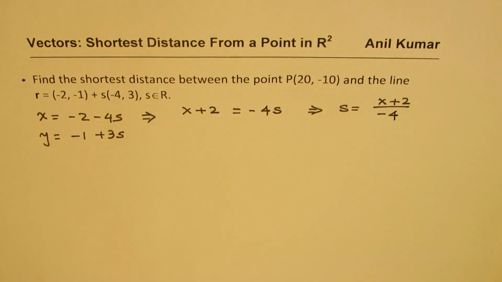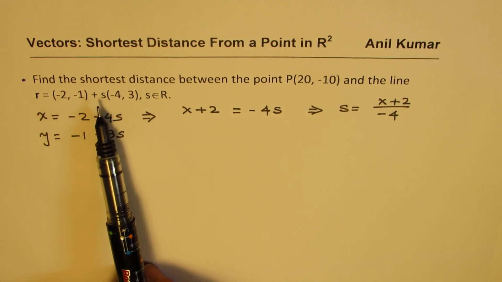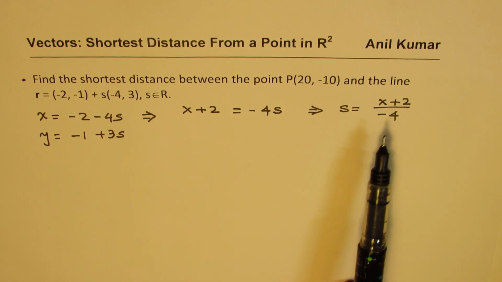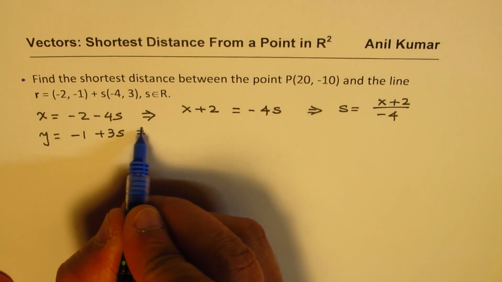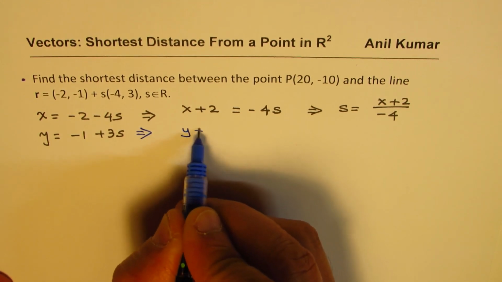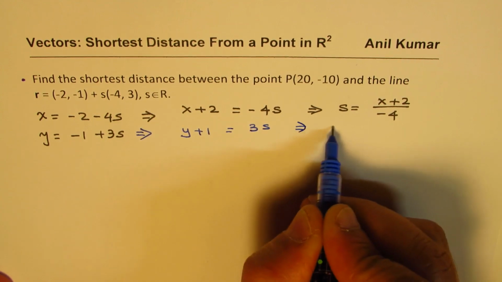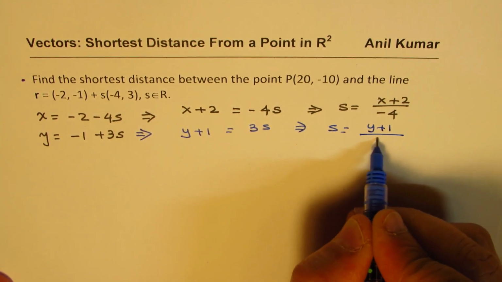Did you see that? So these are kind of critical steps to convert a vector equation into a parametric equation. Do you see? And then a symmetric equation, correct? Now we'll do the similar steps with the y. So with this equation, we'll do y plus 1 equals to 3 times s, which gives us s as equal to y plus 1 over 3.